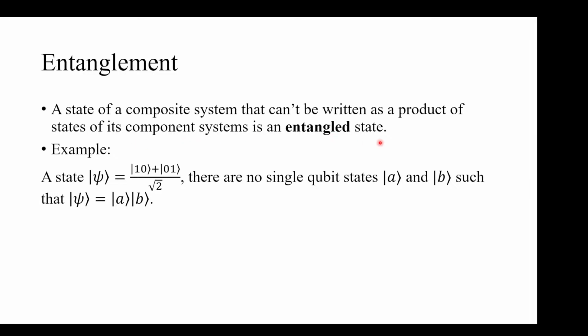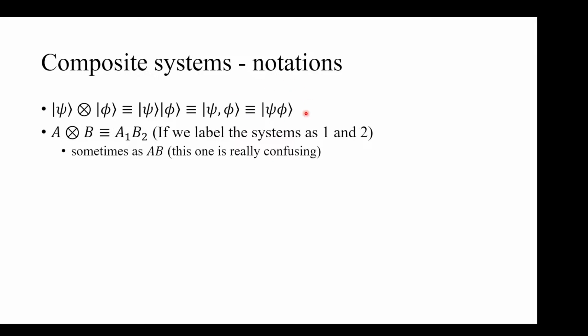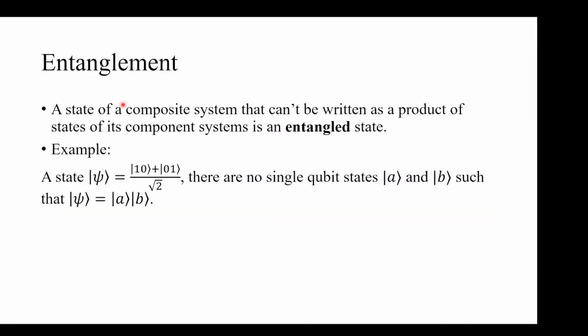For example, we have an example state psi that's 1 0 plus 0 1. The notation here is the most lazy notation: 0 1 means 0 tensor 1, and 1 0 means 1 tensor 0. So we are in a 2-register system.